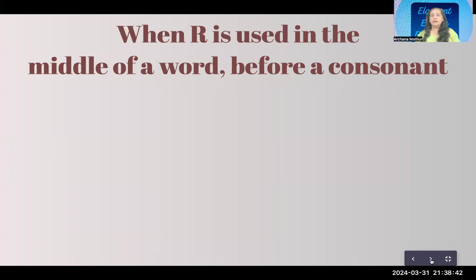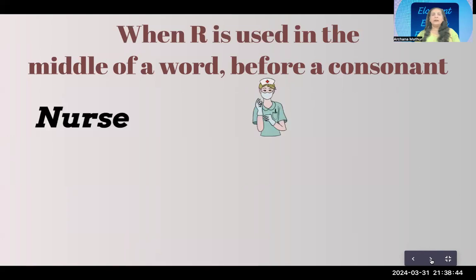You can't hear it. I'll give you an example. Like, for example, you have the word N-U-R-S-E. Normally we pronounce it as nurse, right? When we have to address this medical attendant, we call her a nurse. But this is not the correct pronunciation.